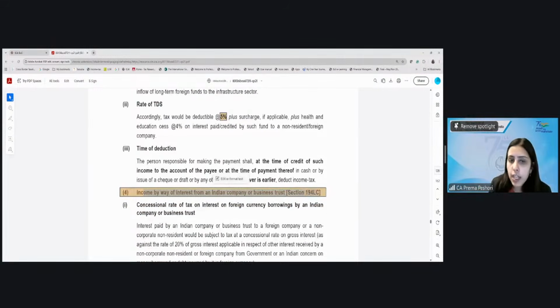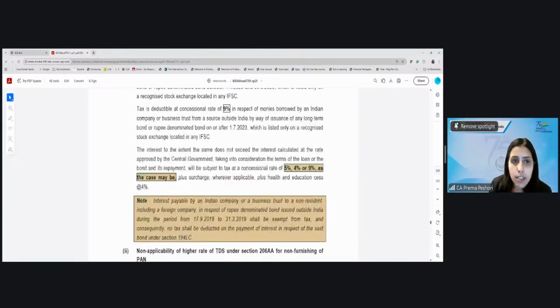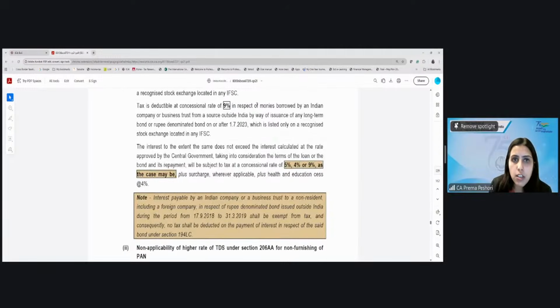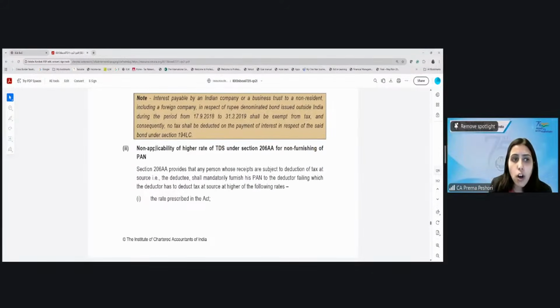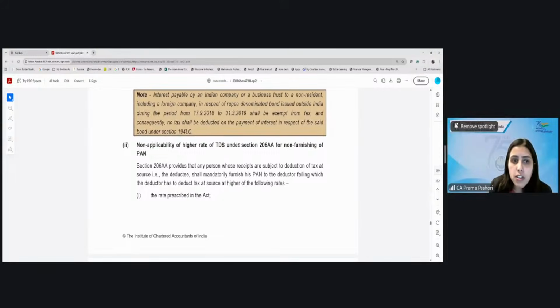This we have seen, 194 LC is there. We had seen at the time of interest, which is 9% in respect of the money borrowed by Indian company or business trust from a source outside India by way of a long-term bond or rupee denominated bond, which is listed on the IFSC. Then there is non-applicability of higher rate of TDS under 206AA if the non-resident does not have PAN, because non-resident generally cannot obtain PAN in India very easily, right?